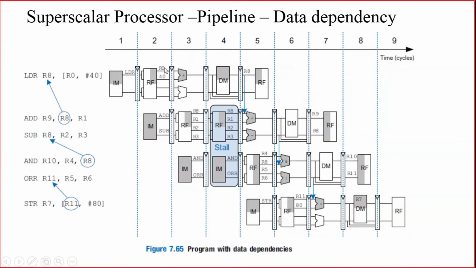So in the decode stage, R0 and 40 will be added. Then the content of that resultant memory location will be written to R8. So this much portion we have seen in the last slide. So only one instruction is taken, the next instruction is not taken. So that logic will not be used in this case.